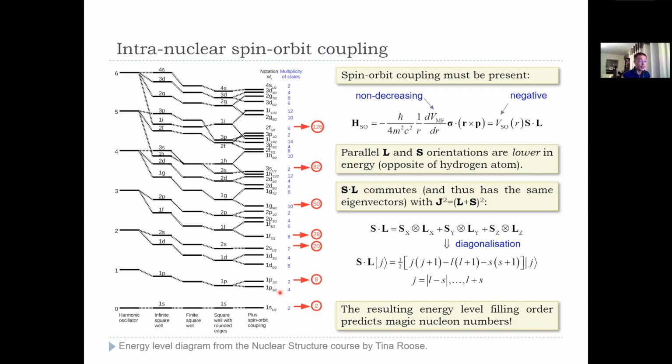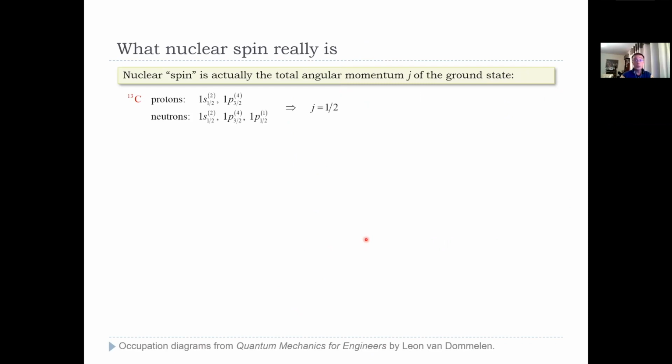So you have effectively an independent system of levels for protons and an independent system of levels for neutrons. And we will now start occupying that. And of course, this resulting energy level filling order predicts the magic numbers, and that was that 1975 Nobel Prize in particular.